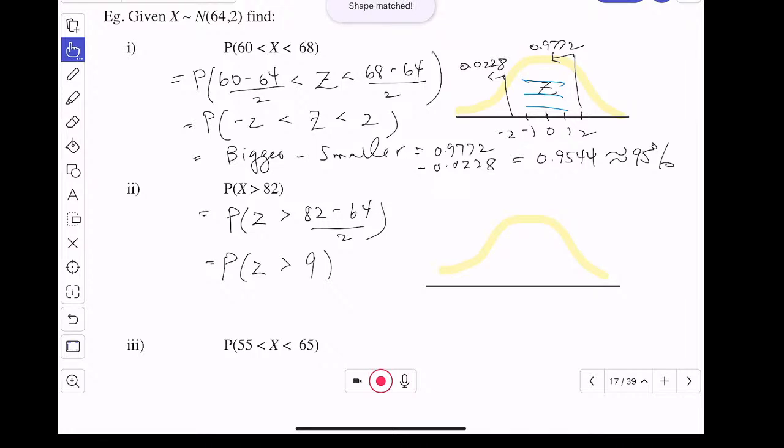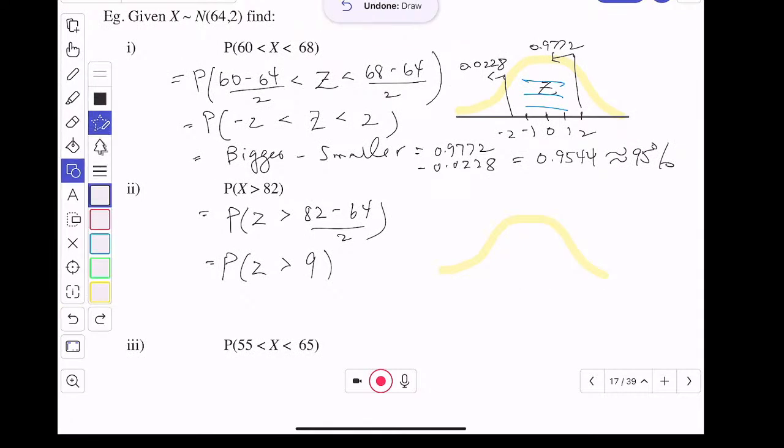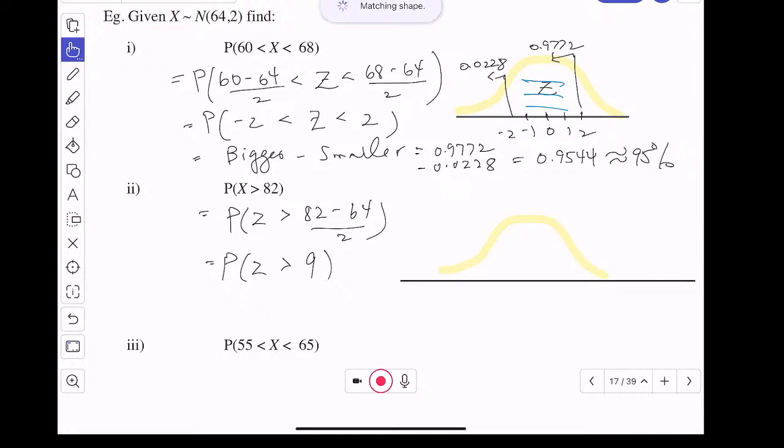Where is 9? So 9 is over on the right. It could be way over here. Is there anything out there? Probably just close to 0.